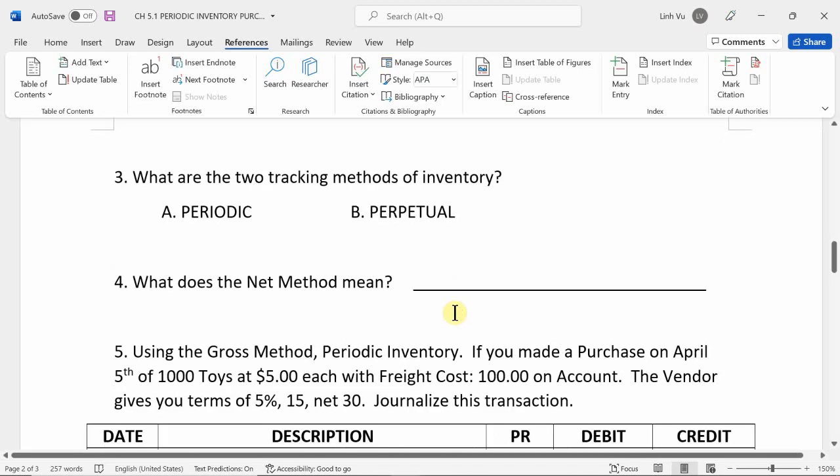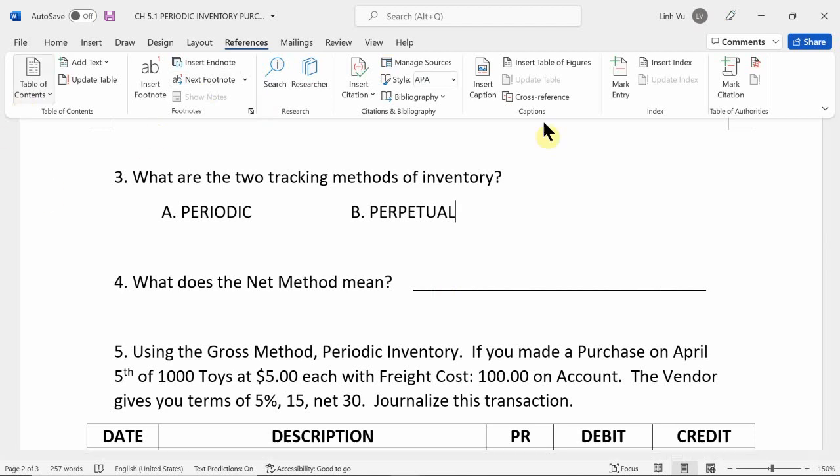All right, number 4. What does net method mean?